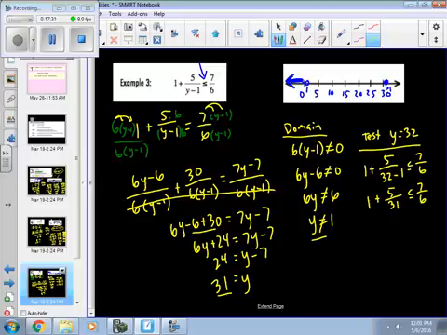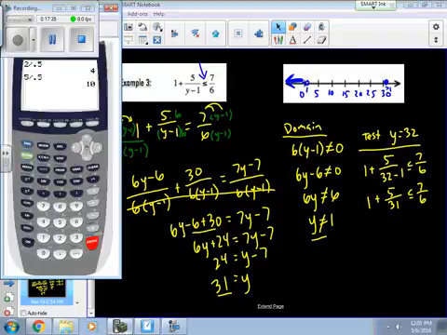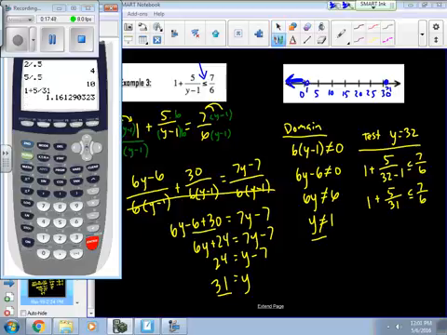And then we need to add 1 to that. So what do we get on our calculator if we do 1 plus 5 over 31? It looks like it equals 1.1613.